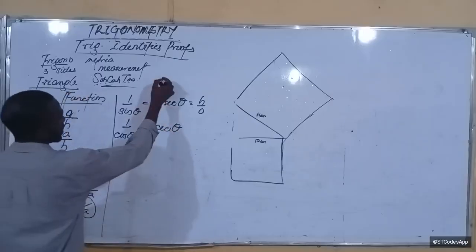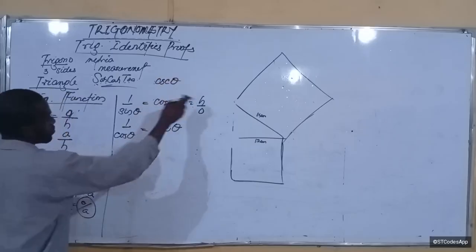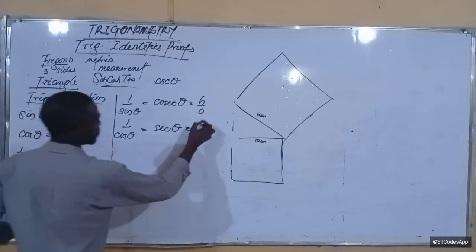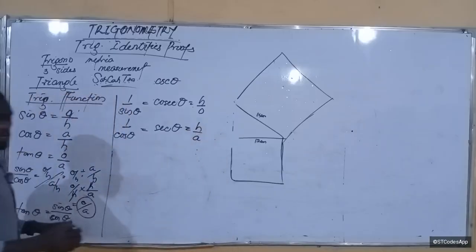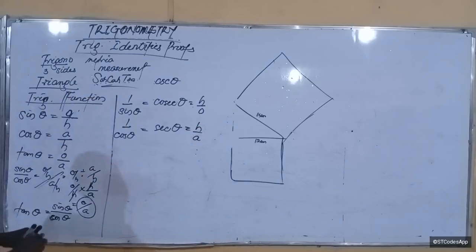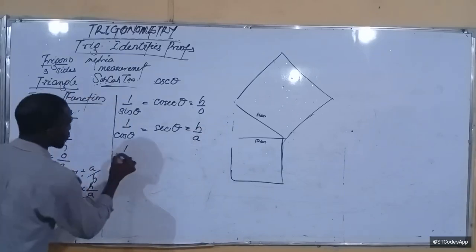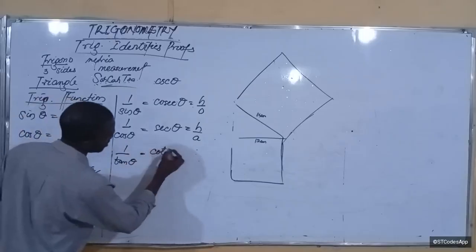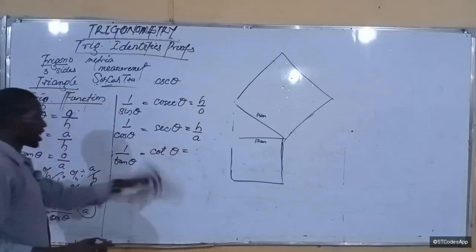So here for cosec, I might write CSC theta, it is the same, okay? Alright. So the inverse of cos, that is the hypotenuse over adjacent, is exactly what we call secant of an angle. Then 1 over tan theta is equal to the cotangent of that angle. And what would that be?